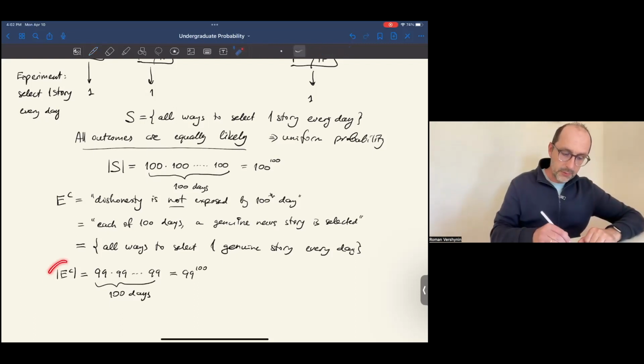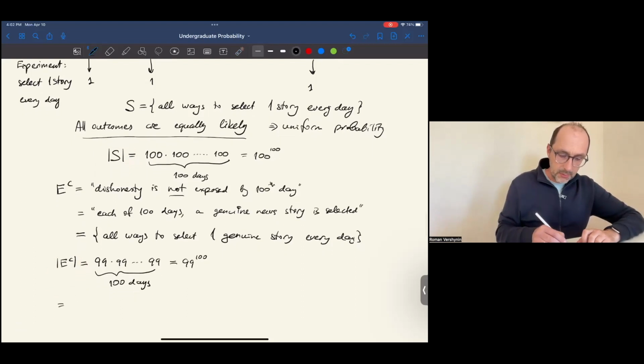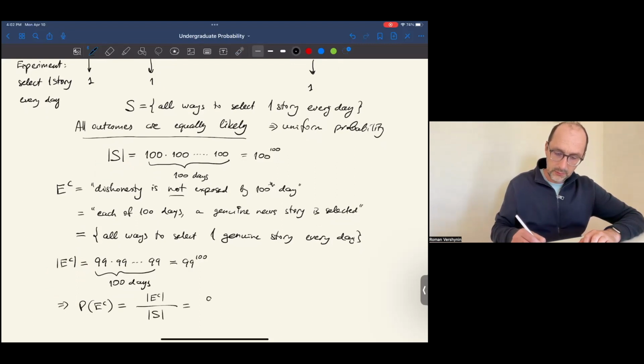So we computed both the size of E complement and the size of S, because probability is uniform in our situation. It is computed as a fraction like this. So it's 99 to the power of 100 over 100 to the power of 100.